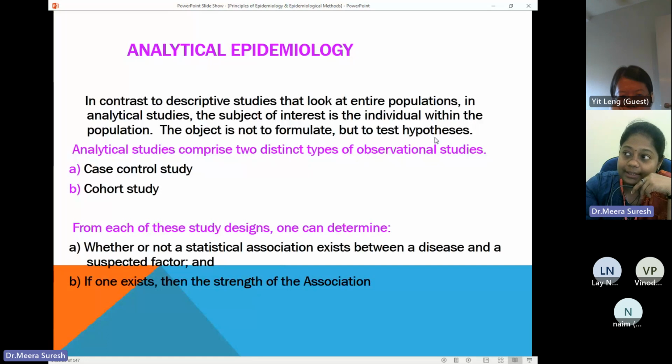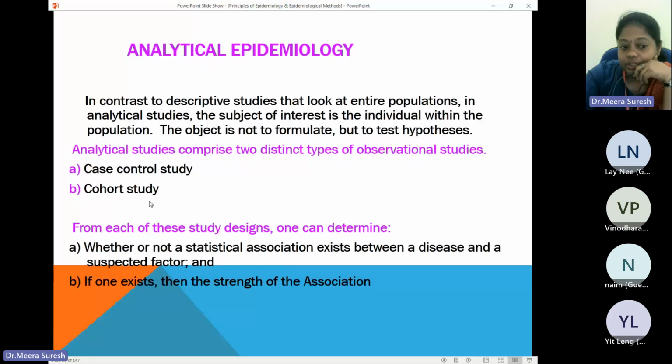But now we are going to test the hypothesis, which means we will have a comparison group: a group in which the disease is present and a control group, and then we are going to compare using statistical methods. That is why we test that hypothesis. It consists of two types, case control study and cohort study.